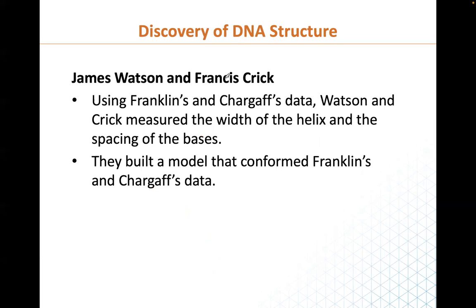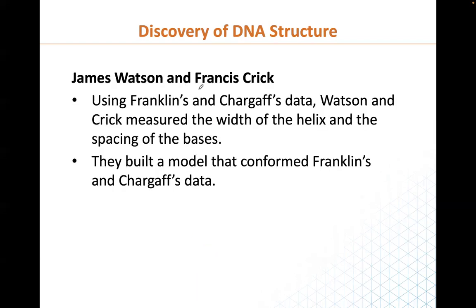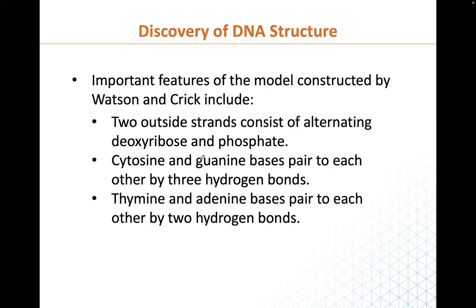James Watson and Francis Crick actually used the data by Rosalind Franklin and Maurice Wilkins. They used Franklin's and Chargaff's data to measure the width of the helix and the spacing of the bases. Then they used this knowledge to build a model that conformed with Franklin's and Chargaff's data.